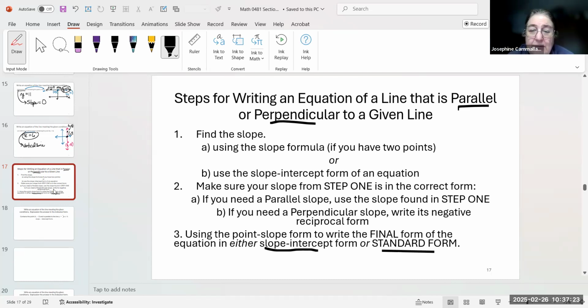Whatever you're given, you have to find the slope first. And then remember, if you have the same slope, you have parallel lines. If you have the negative reciprocal, or opposite sign flipped fraction, you will have a perpendicular slope.